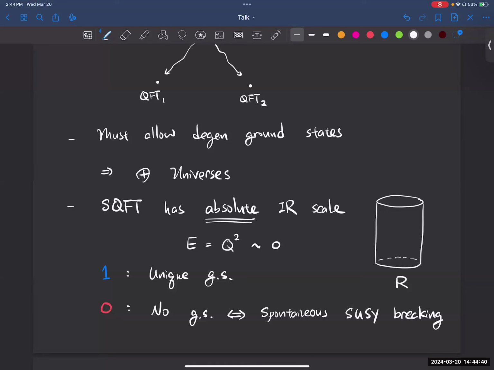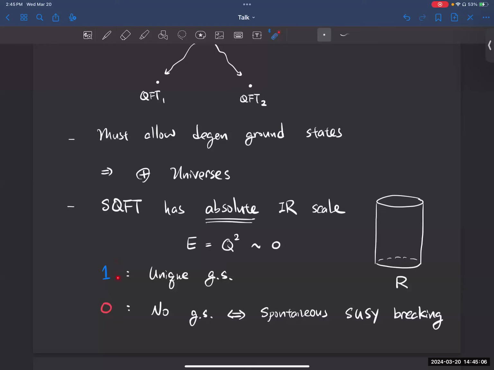Then the supersymmetry algebra says that H, the energy, is equal to Q squared. And so this basically sets an absolute scale for what we mean by zero energy. We're not really allowed to just arbitrarily add things. I think this often confuses people when they first think about this.